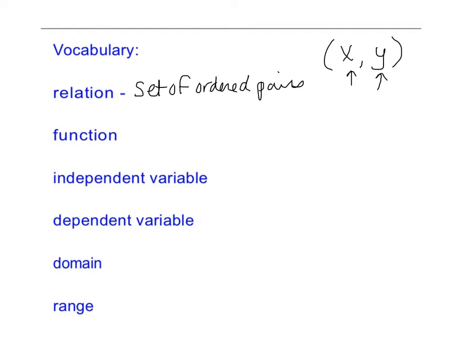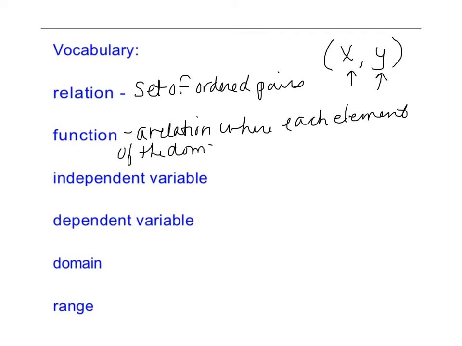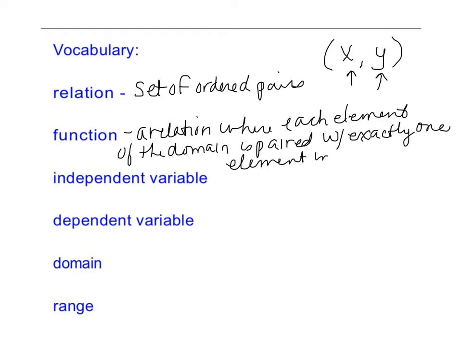But a relation is not necessarily a function, because a function is a relation where each element of the domain is paired with exactly one element in the range. And we'll talk more about this in a little bit, especially the tests that you use for that.